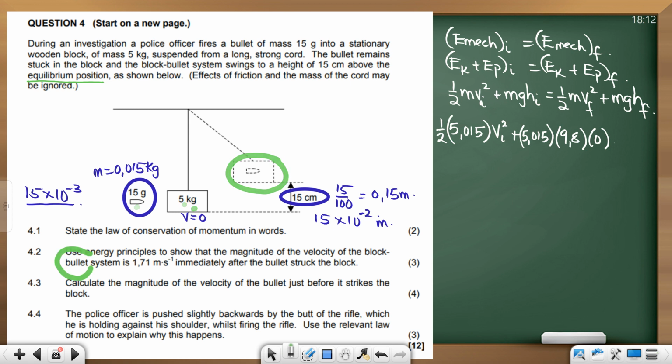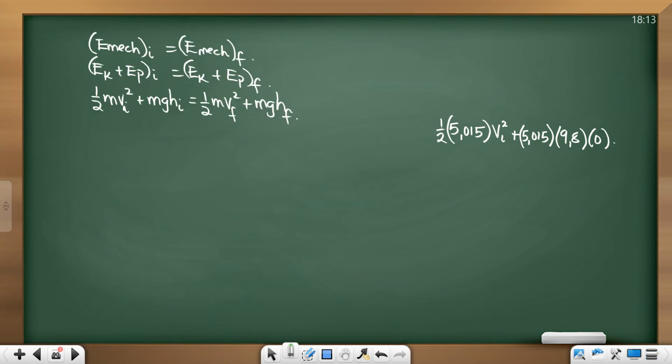You got it now, right? Awesome. It's the bullet-block system. So 5 plus 0,015.